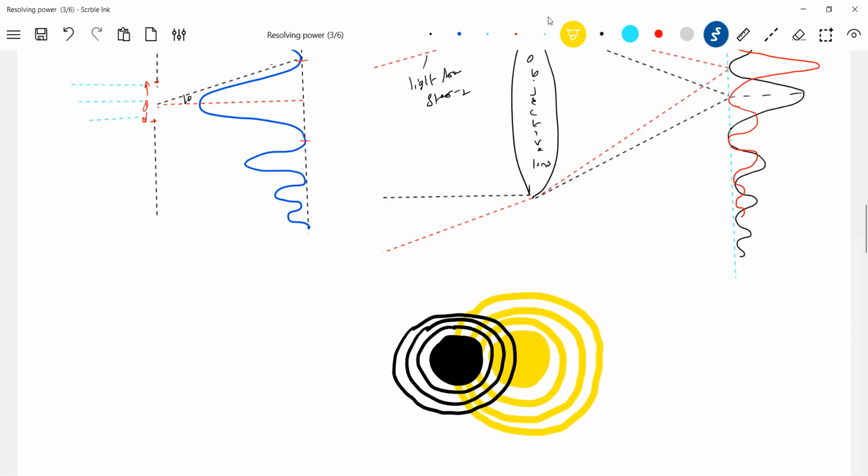Okay, now the eye is able to say that the telescope is very good, but what is the problem? These are secondary maxima and minima.